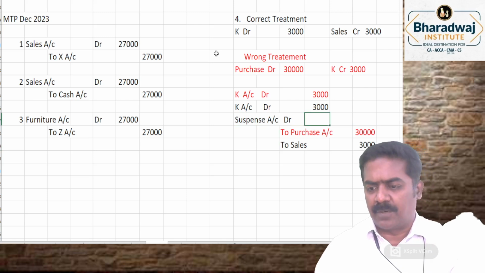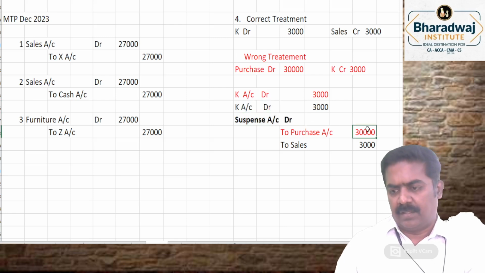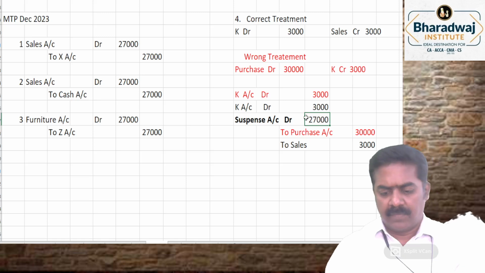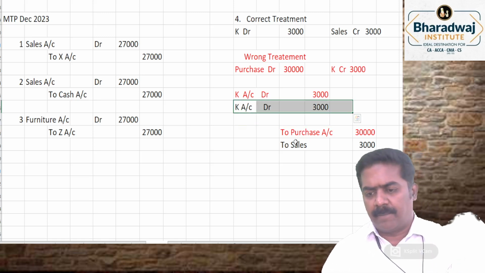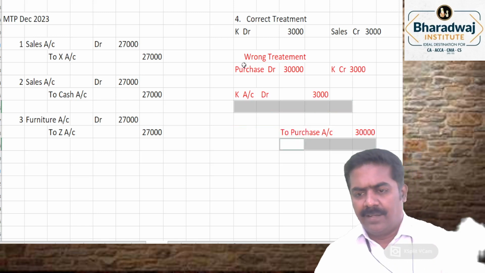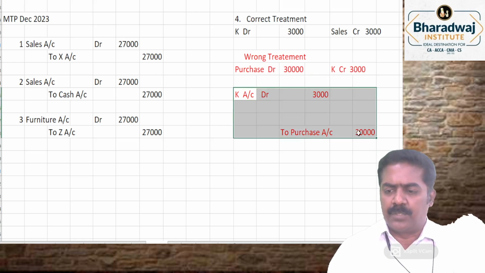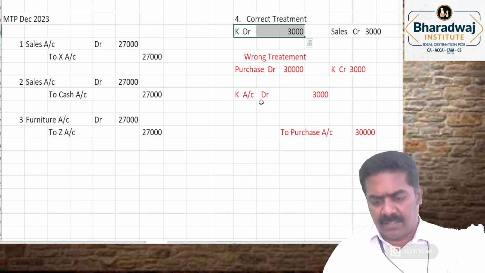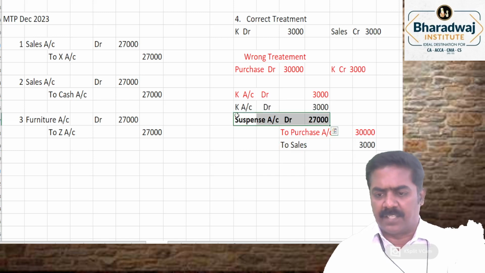Total debit balance 33 minus 6. I repeat, what is wrong in this? Debiting purchases and crediting K. Do the opposite to remove. What should be done? K should be debited, debit it. Sales should be credited, credit it. Difference you place in suspense account.